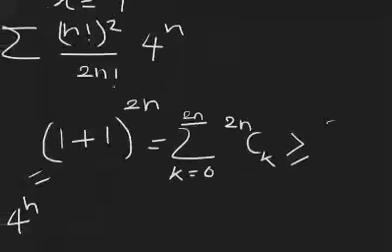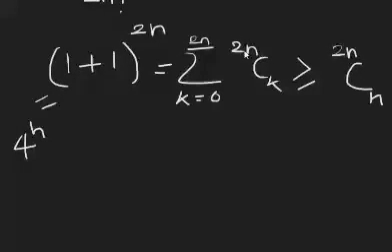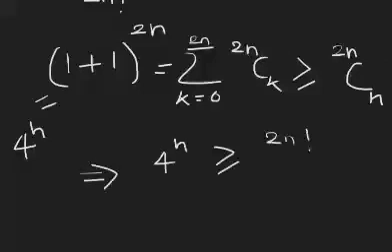This is a term of that binomial expansion that should be less than or equal to the whole binomial expansion, because these are positive numbers, right? And so here we get 4 to the n greater than, when you simplify this bit, (2n) factorial over (n factorial) squared.